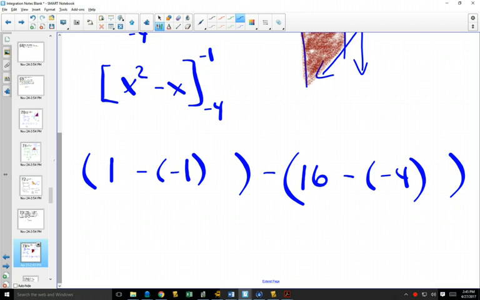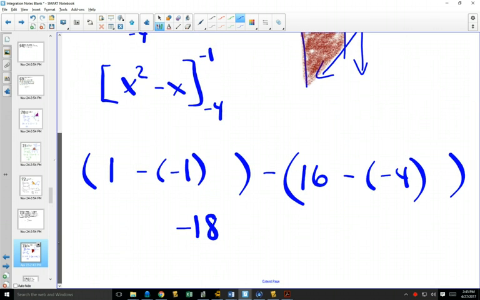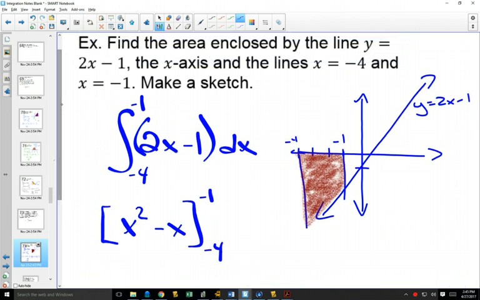And when we do this, we're going to get 2 minus 20. We're going to get -18. So that -18 represents that that is below. And if you're doing a question like this that says find the area enclosed by the line and the x-axis, make a sketch, and you realize I've got a negative answer in the end, it's supposed to be +18 as my answer, I should have absolute value bars.